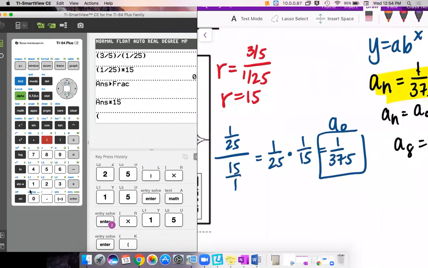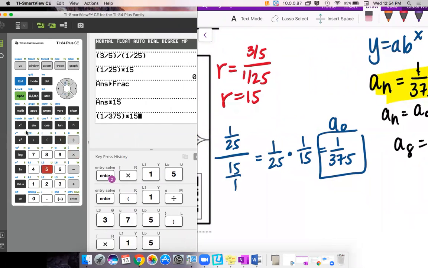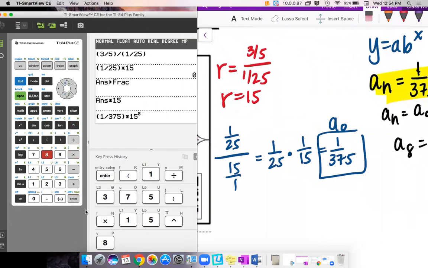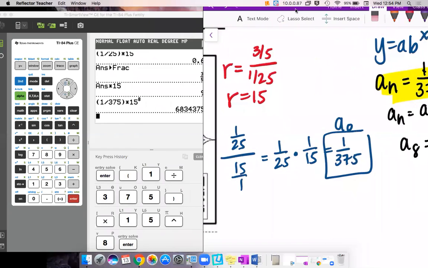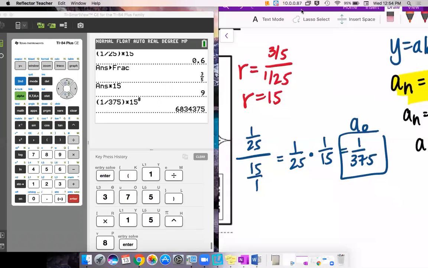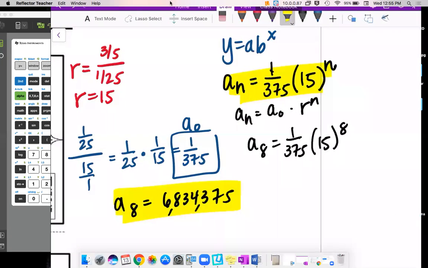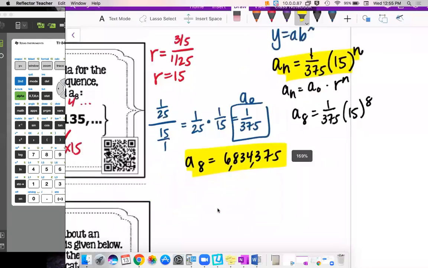So parentheses 1 divided by 375 times 15 raised to the 8, and we get this huge number. So we get a sub 8 equals 6834375. And that would be your final answer for that one, okay? So it does get pretty big because we're working with exponential equations, so that makes sense.